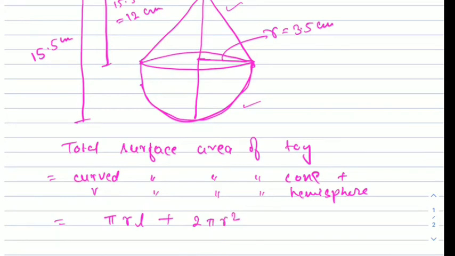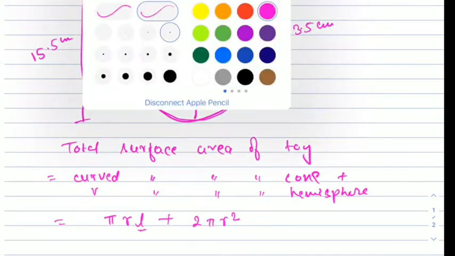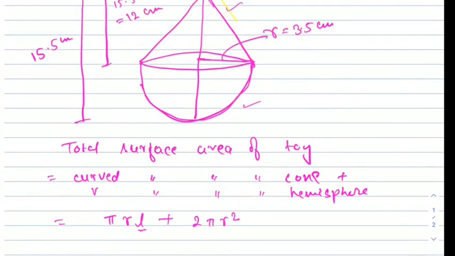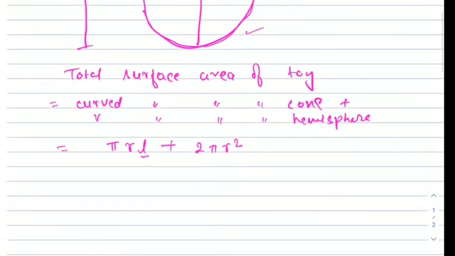Here we don't know about l. The l is the slant height of the cone. We have to find the value of l.